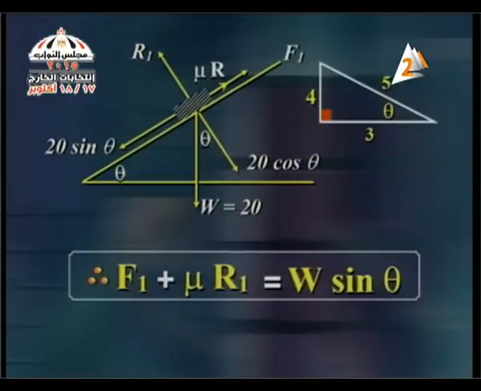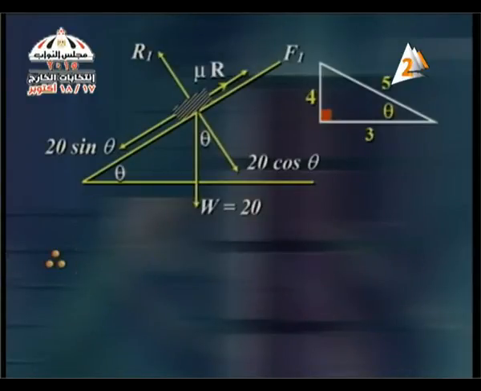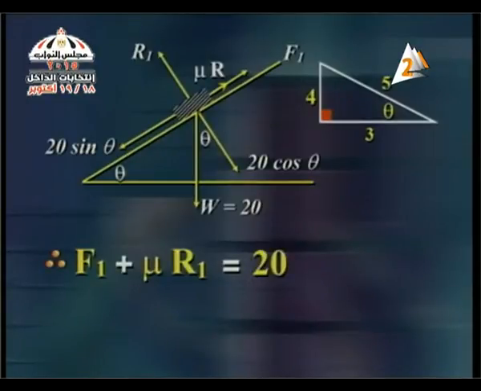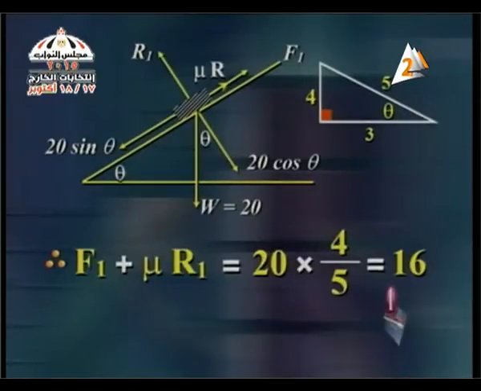Then F1 plus mu R1 equals W sine theta. Therefore, F1 plus mu R1 equals 20 times 4 over 5, which is 16, and this is equation number 1.